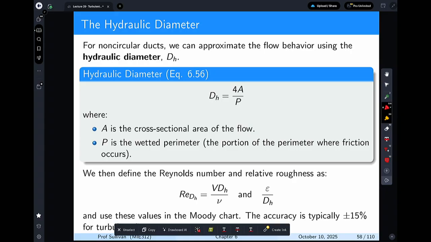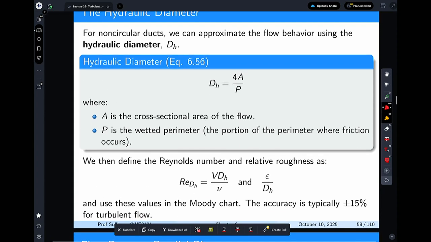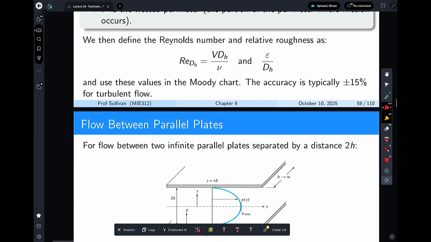And you can define Reynolds number in those cases using hydraulic diameter, and the roughness relative to hydraulic diameter, and use these values in the Moody chart. The guidance is that it's good to plus or minus 15%, which is true. But again, your accuracy, my accuracy on the Moody diagram is probably at best 20%.